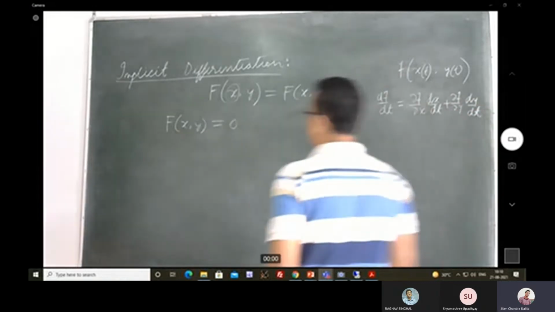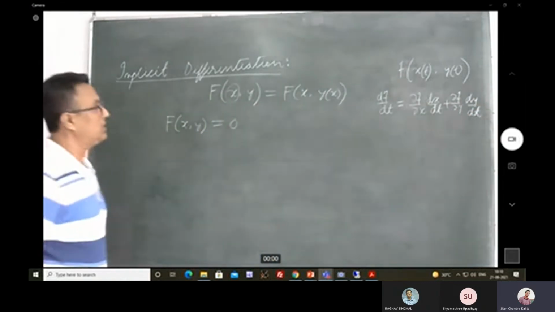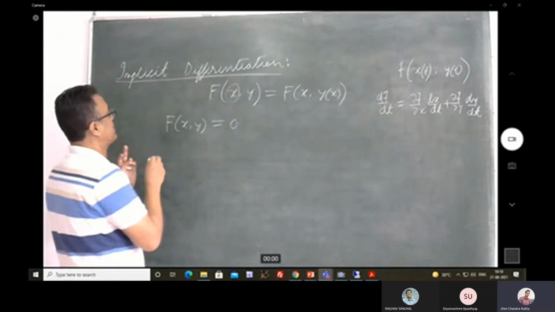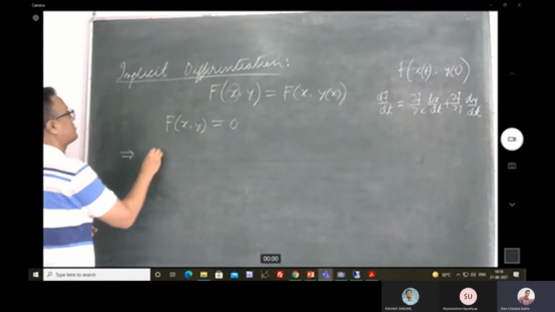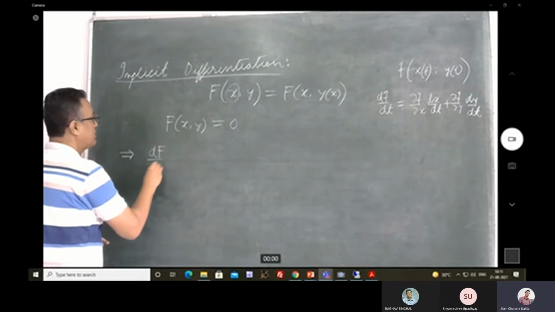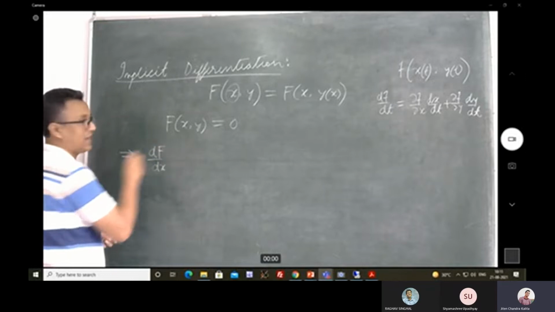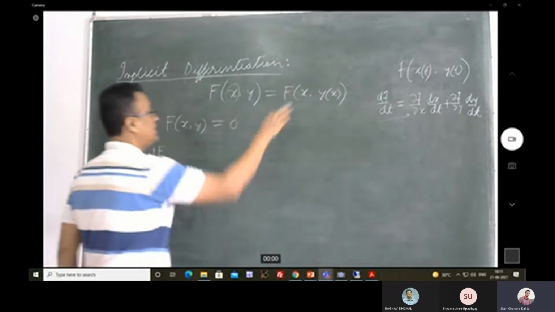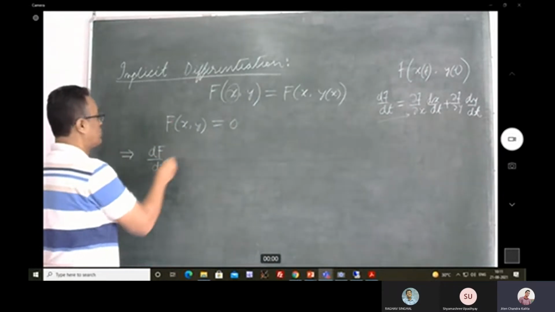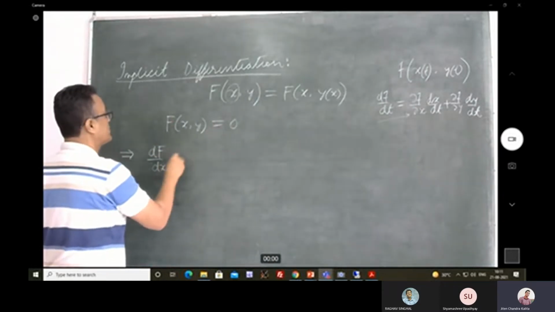Likewise, suppose I have this relation, and I try to find the derivative of capital F with respect to x. Now look at this and compare this one with that one. Obviously, this is going to be equal to 0.